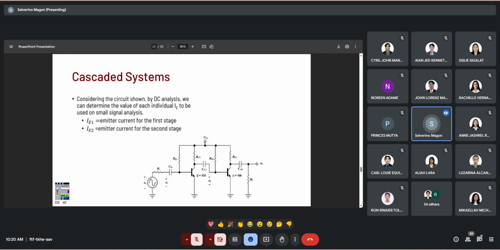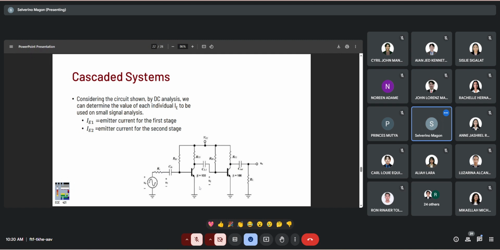Considering the circuit shown, by DC analysis we can determine the value of each individual emitter current to be used in small signal analysis. So we have two fixed bias stages, cascaded. We can perform analysis separately, but this can also be analyzed in combination.